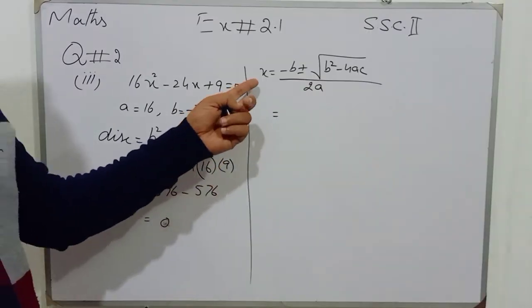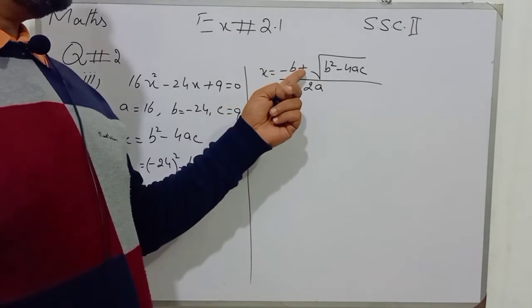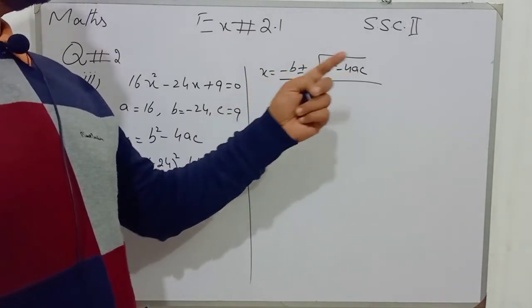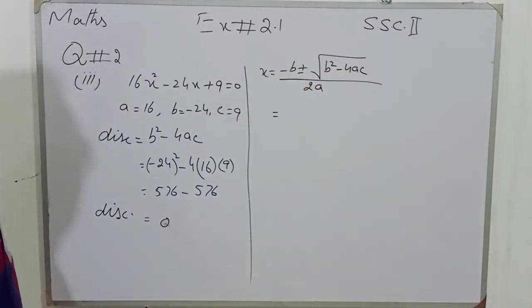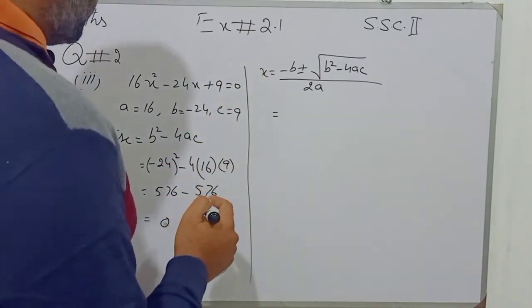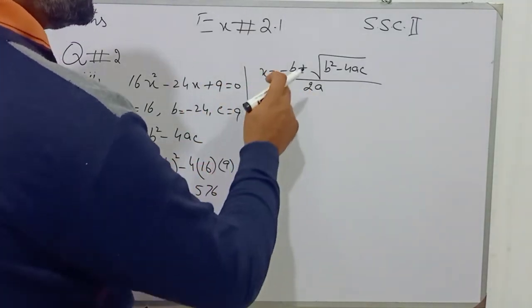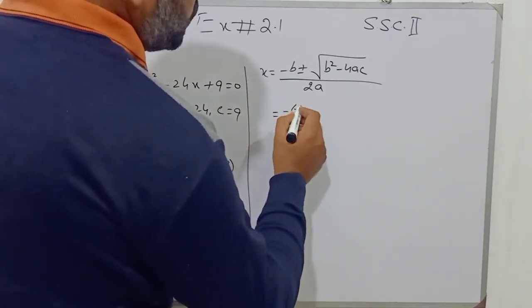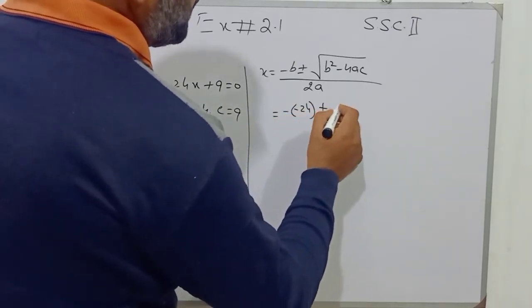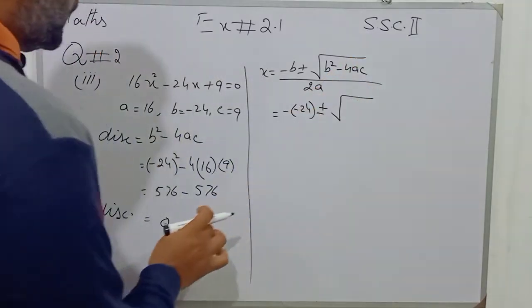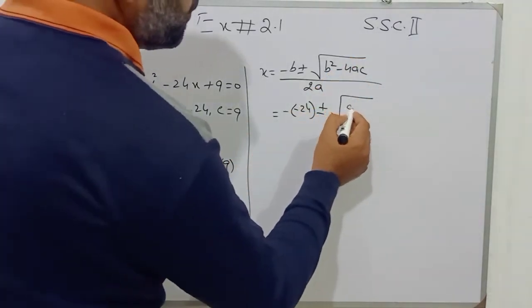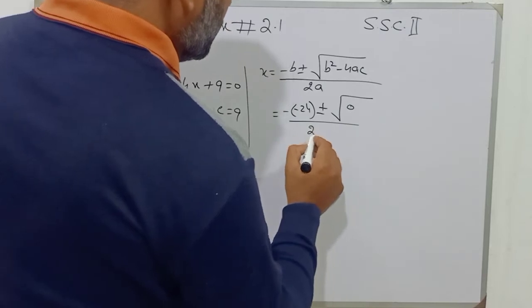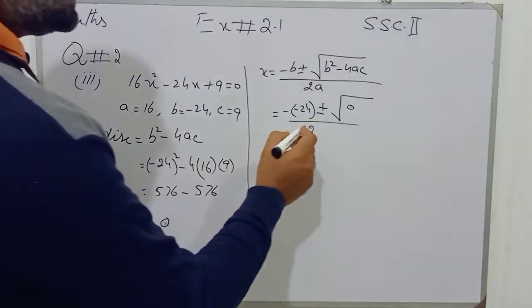Students, the quadratic formula is minus b plus minus square root of b square minus 4ac over 2a. Now we will replace the values of a, b and c. The value of b is minus 24, so it is written as minus into minus 24 plus minus, b square minus 4ac is 0, over 2 into the value of a, which is 16.